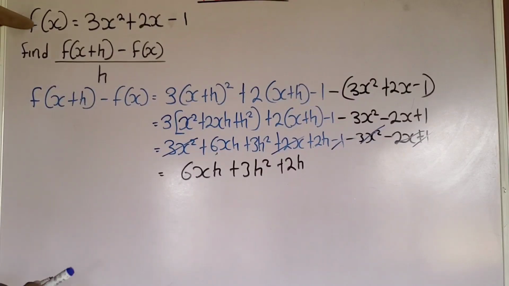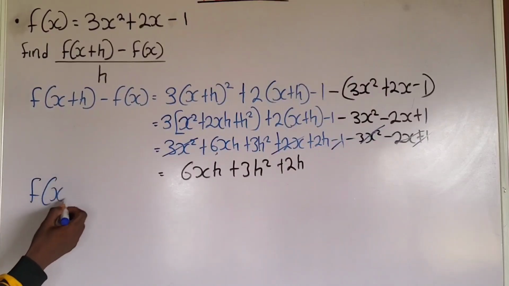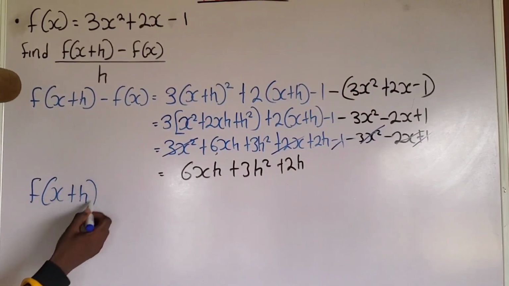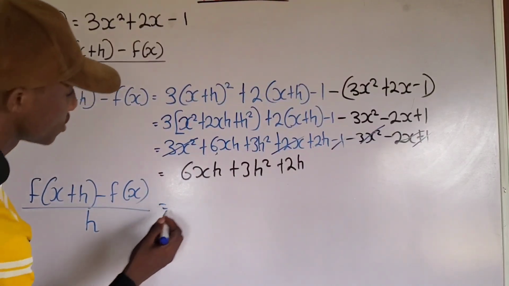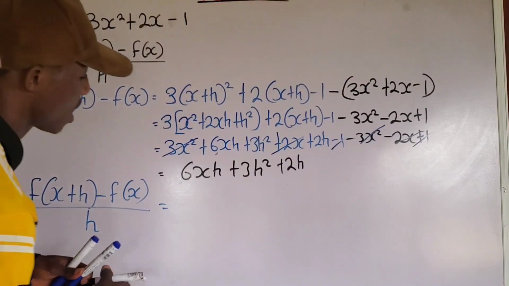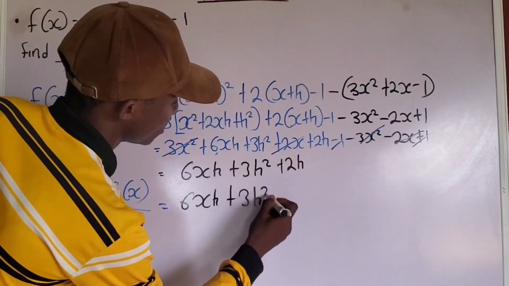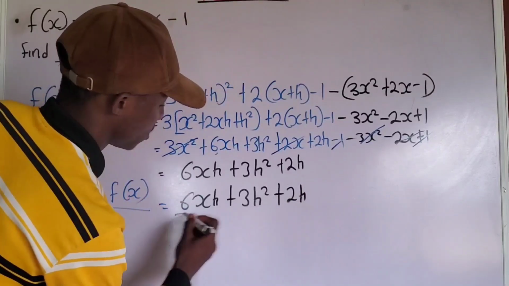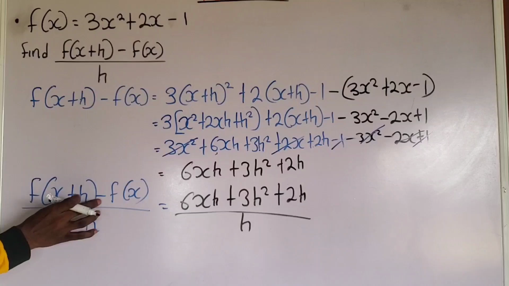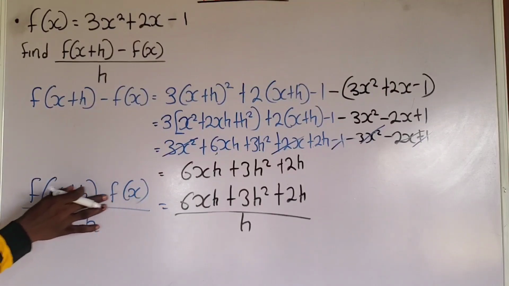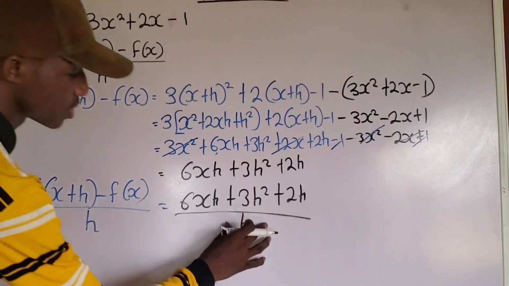So, just put h. f of x plus h minus f of x all over h will be equivalent to, now I'm going to have 6xh plus 3h squared plus 2h all over h. You understand? Because when we deal with the numerator, we got this, so I replaced it with this. Now the denominator is h, so I substitute it as h.